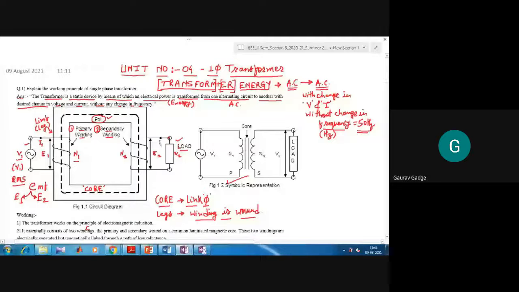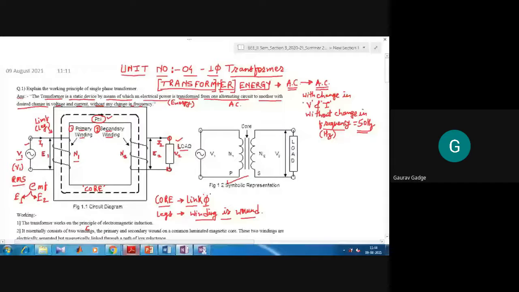The supply voltage will appear across the terminals where the load is placed, and the secondary winding gets closed, and therefore it allows current I2 to pass. So now that I2 passes through this secondary winding. Okay. So this is the circuit diagram and the working principle of single phase transformer.